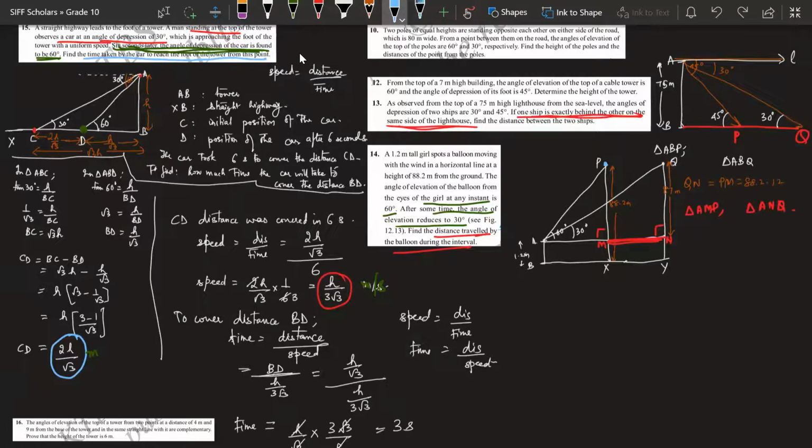The car is covering at uniform speed. So what I'm thinking is, I'll find the speed. I know how to find the speed, distance by time. That is basically CD by time. CD by 6. Let me write one more step here. So I found CD by 6 here.